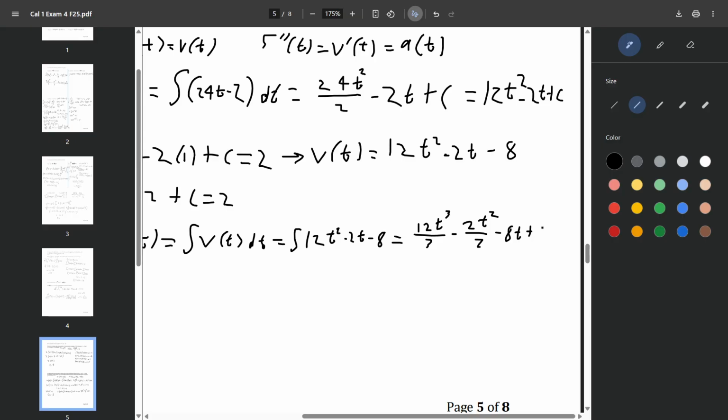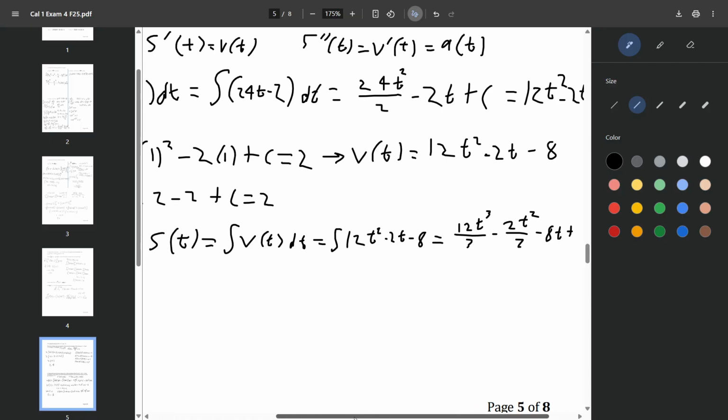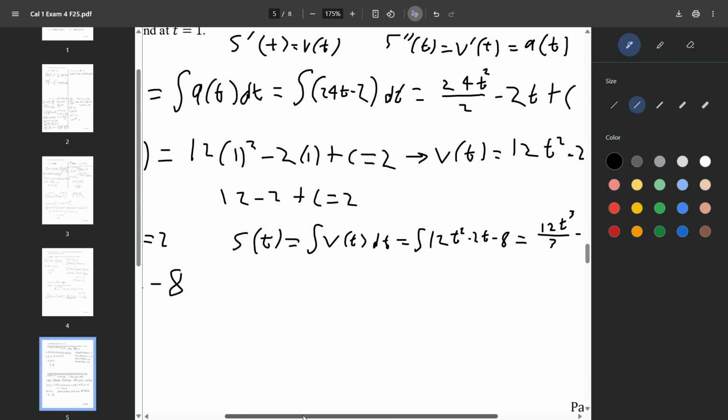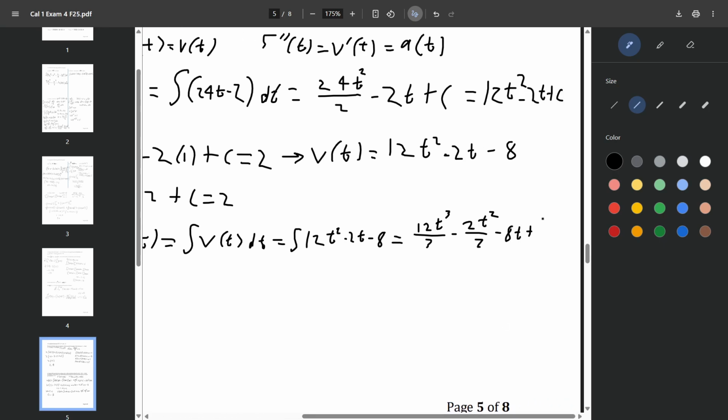plus, and we need a new variable because we cannot put the same variable c, as that would imply that these two numbers will be the same. And we don't know if those two numbers are the same. So in order to make sure we don't mix them up, we put it as a new variable. So in this case, we'll choose k, as technically not correct spelling for constant, but same sound.